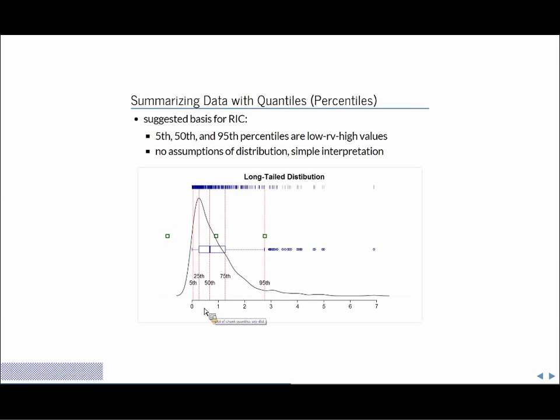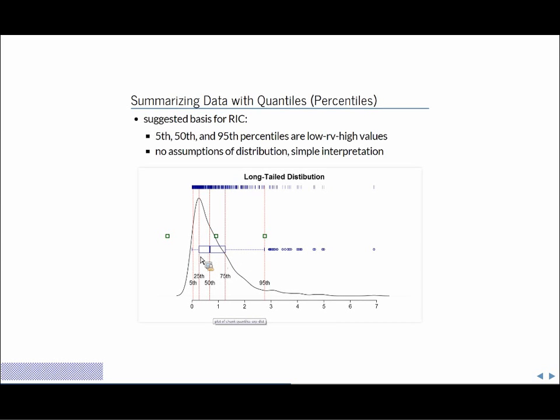In this case, the central tendency, the 50th percentile or the median, is quite a bit different than the mean, and the description of spread around that tendency is adjusted to accommodate this long-tailed distribution.